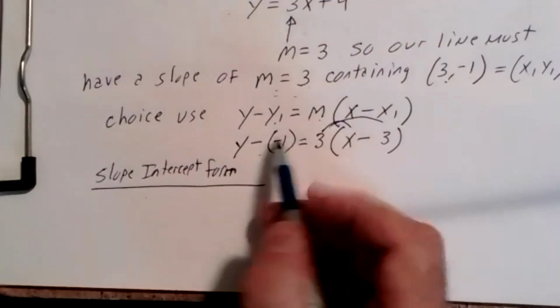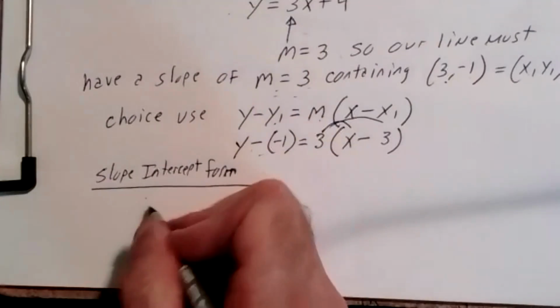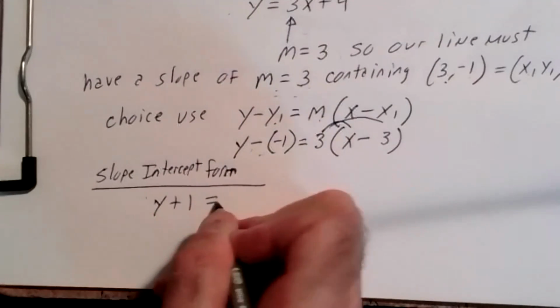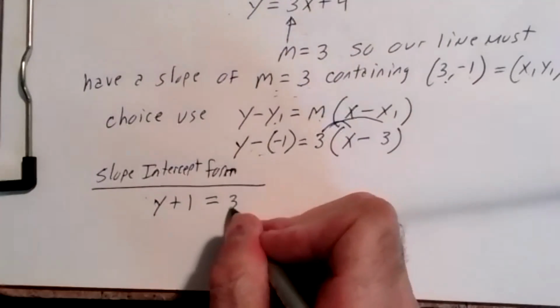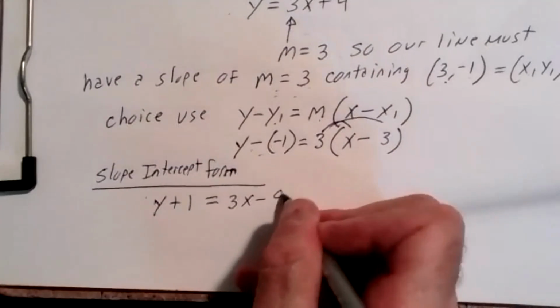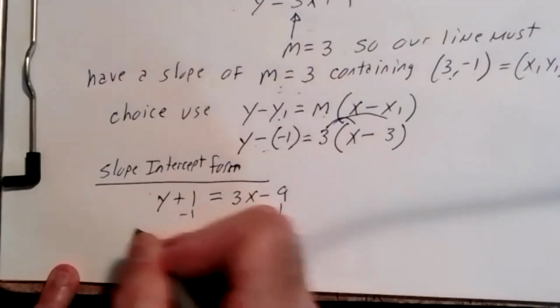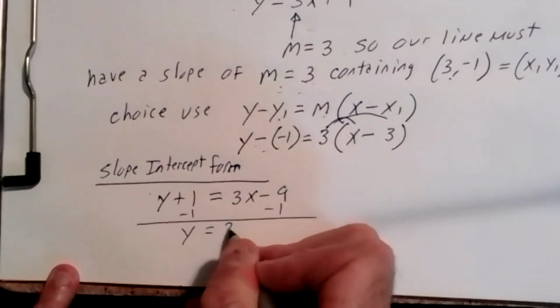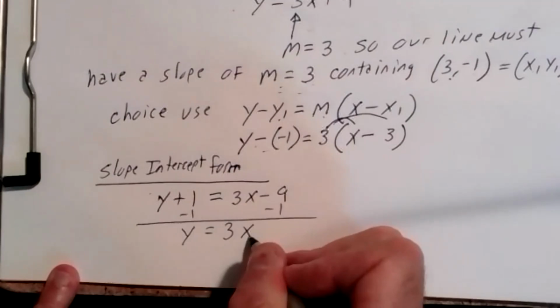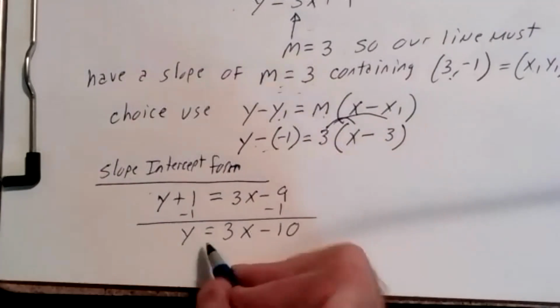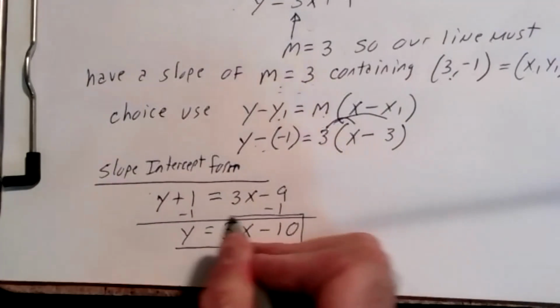You can also clean this up: subtracting a -1 is adding 1. So distributing, we have 3x minus 9. Now we subtract 1 from both sides to solve for y. So slope-intercept form would be y equals 3x minus 10. This is your answer in slope-intercept form.